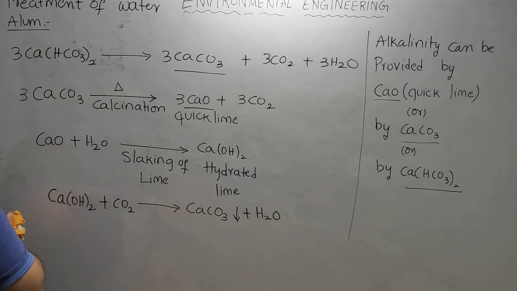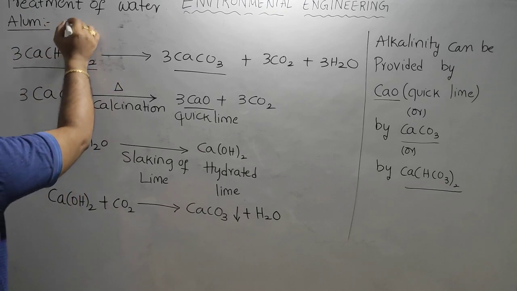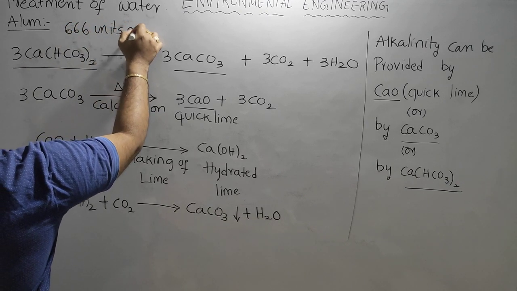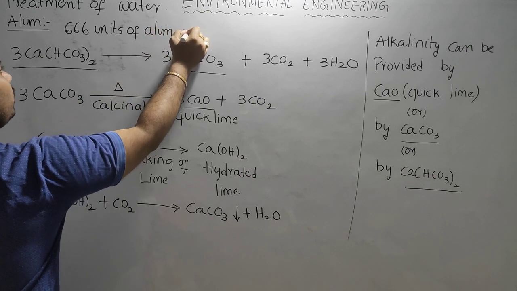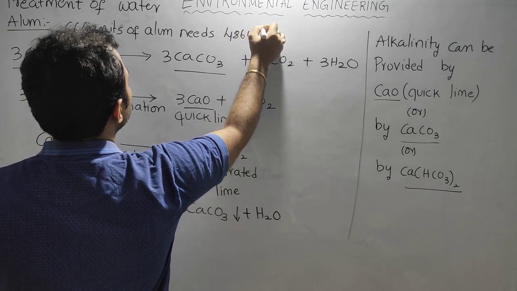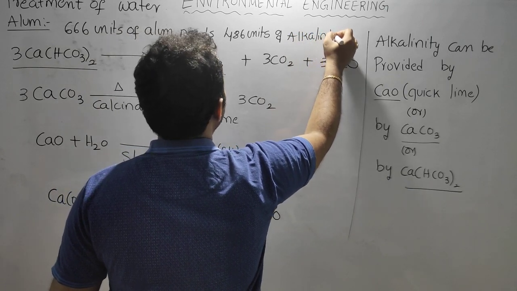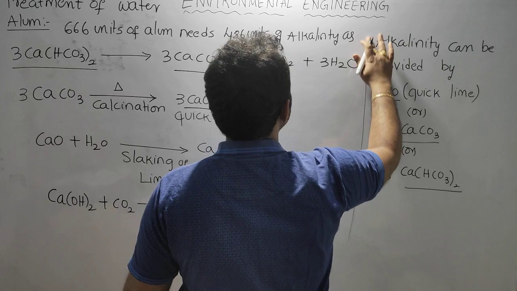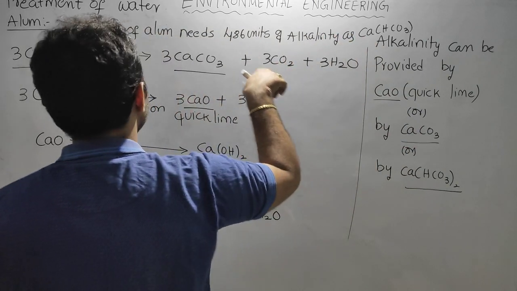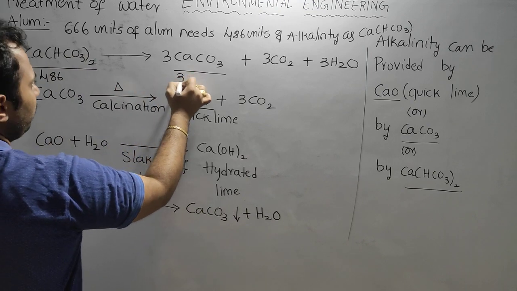One thing we need here is, 666 units of alum needs 486 units of alkalinity as Ca(HCO3)2.